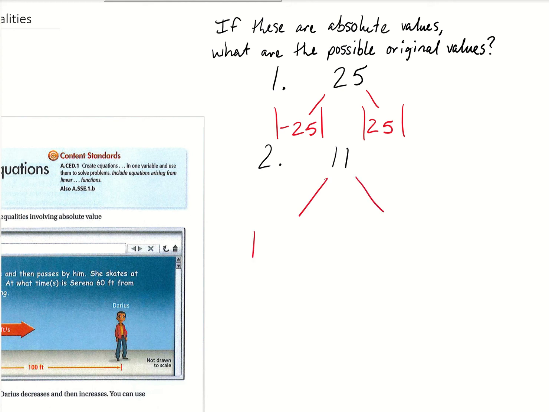The absolute value of negative 11 gets you 11, and the absolute value of 11 gets you 11. Those are really simple. I just wanted to take a second to refresh your mind on absolute values, and this will lead us right into what we're doing next.